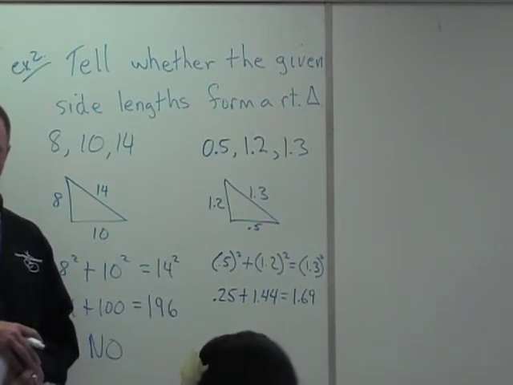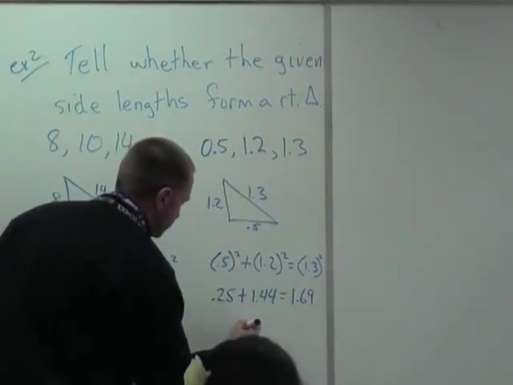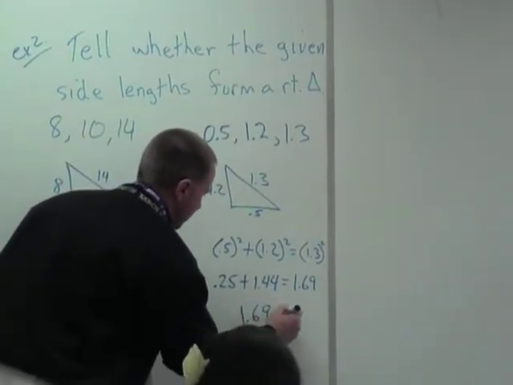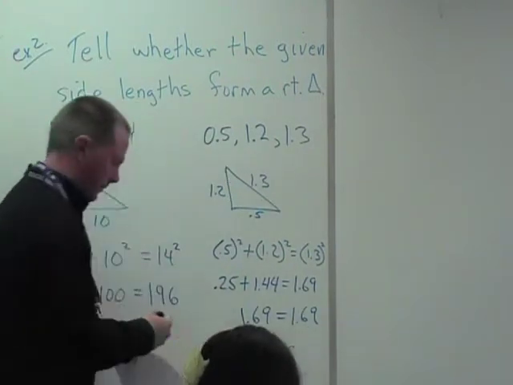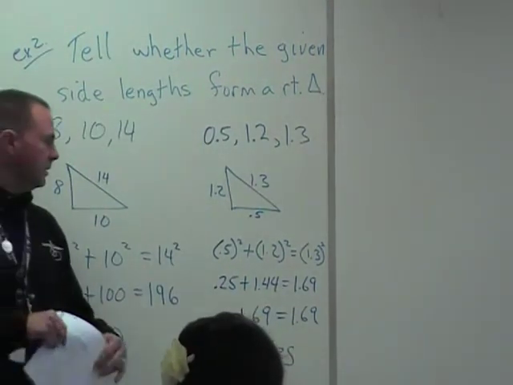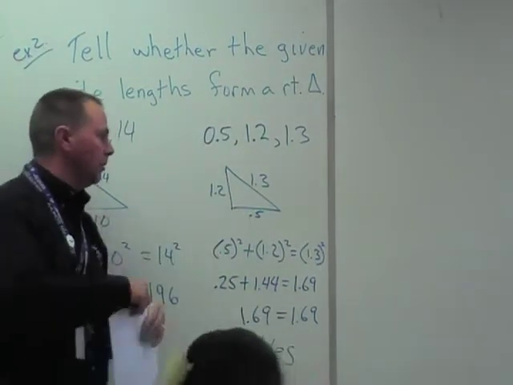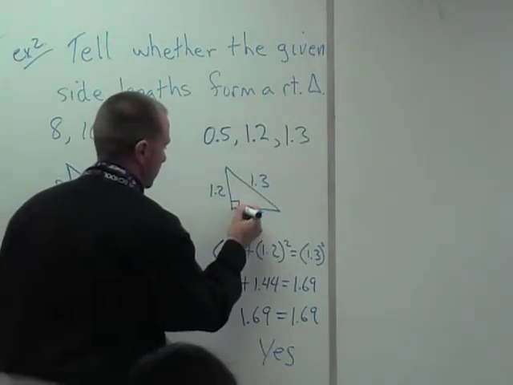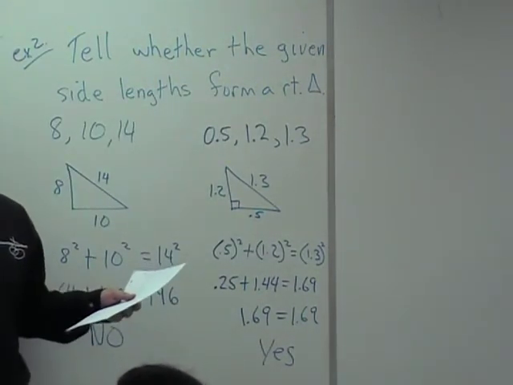Okay, good point. Since that is equal, then these numbers form a right triangle. Otherwise, the Pythagorean theorem doesn't work.